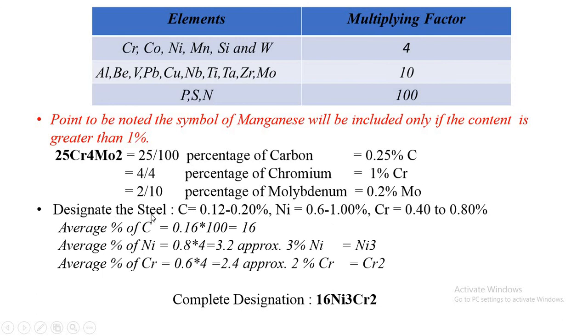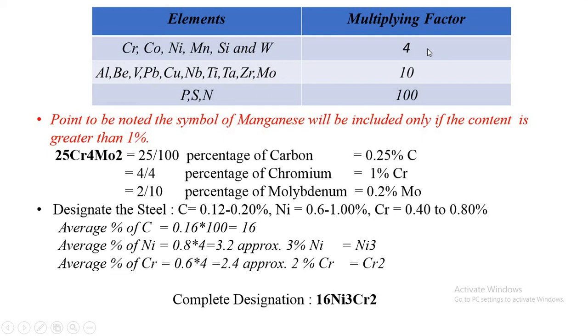Now designate the following steel. Carbon 0.12 to 0.20%, nickel 0.6 to 1%, and chromium 0.4 to 0.8%. So what is the average percentage of carbon? 0.16 multiplied by 100. The average percentage of nickel, we will get the average as 0.8, 0.6 plus 1 divided by 2, multiplied by the multiplying factor.